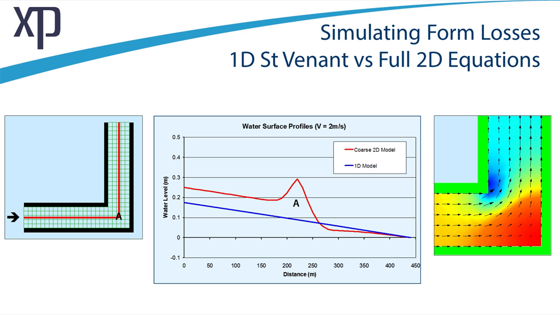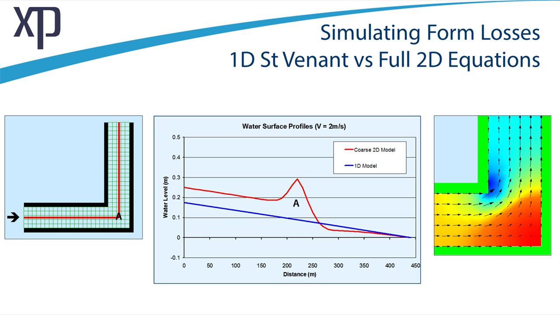If we make a little 2D model and generate some flow patterns, as you can see on the right, the flow deviates from being just normal flow to being a more complex flow arrangement. And the red line is the water surface levels going down the profile on the left. At location A, you can see that there's a mounting of water, and that's because the water is slowing down and kinetic energy is converted to potential energy and the water level rises.